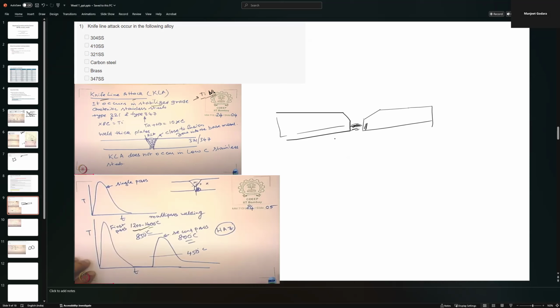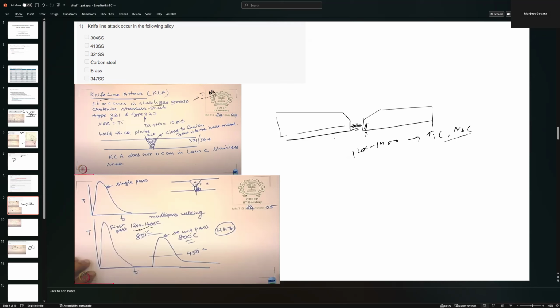So during your first pass, this region will reach temperatures above 1200 or 1400 degrees Celsius. This will destroy or dissolve your titanium carbide and niobium carbide precipitates. So now your carbon is no longer locked in, forming this carbide.